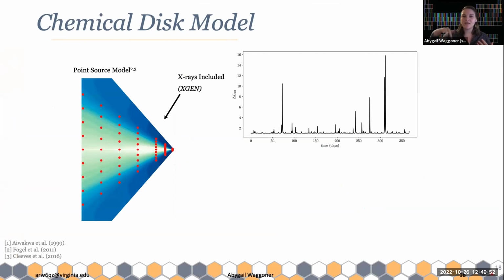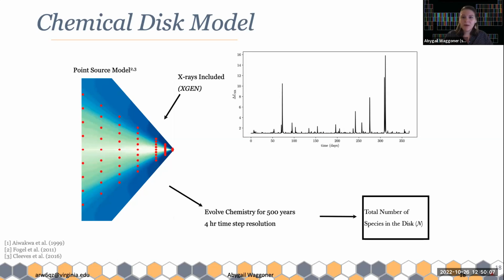Everything in the model is held constant except for time and the X-ray ionization rate, which is variable based on the flaring events. If you have more questions about this, please feel free to ask afterwards. But we model chemistry for 500 years at 4-hour time step resolution with a 500-year light curve. And this allows us to look at how the total number of species in the disk change.